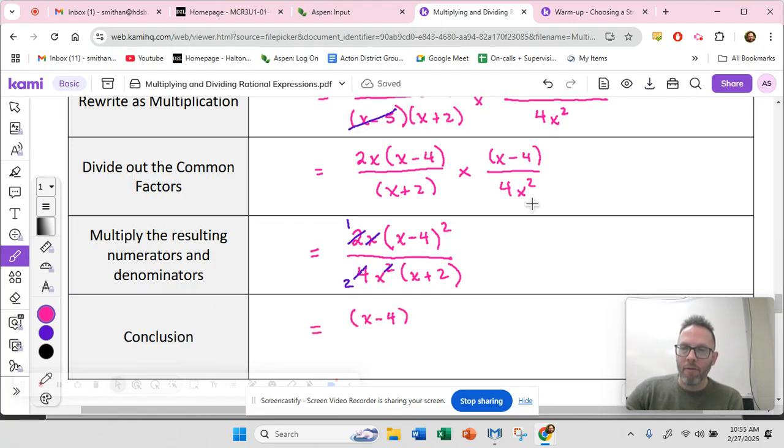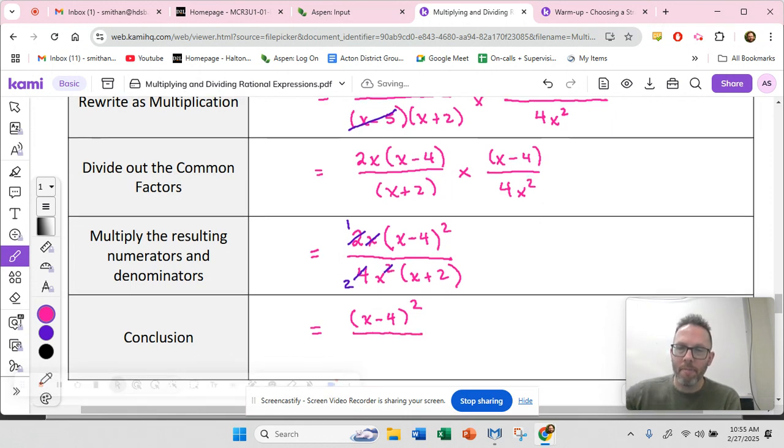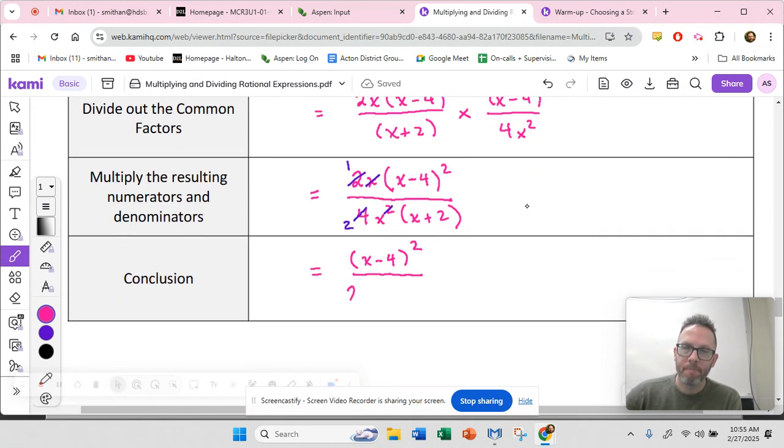We're left with x minus 4 squared on top. We're left with a factor of 2 on the bottom. We have a factor of x on the bottom and x plus 2. So that big mess on the top has now become this slightly less bigger mess on the bottom. And they are equivalent, almost.